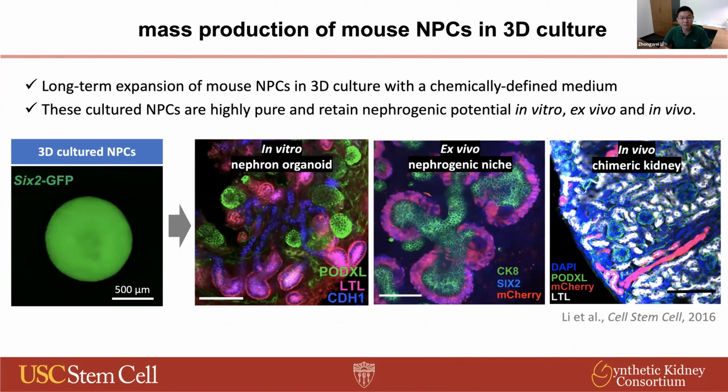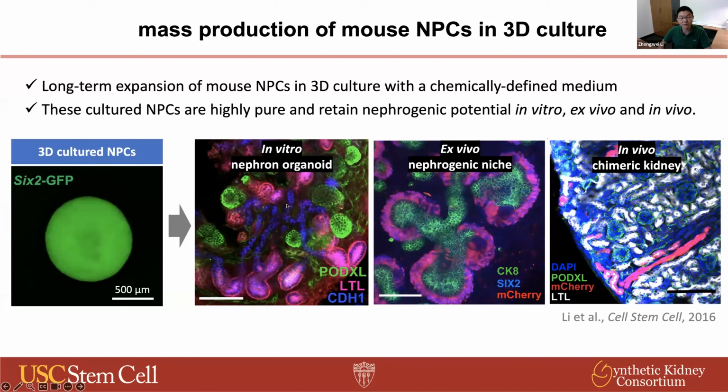With my stem cell training, I reasoned that because NPCs are constantly self-renewing during kidney organogenesis, we should be able to identify a culture system that can recapitulate the niche signals and maintain the NPCs in vitro, so that we can get NPCs that are expandable. Towards that goal, I screened different growth factors and small molecules, eventually identifying a chemically defined medium that can support 3D expansion of NPCs. Those NPCs can be expanded stably for several months without losing their potential.